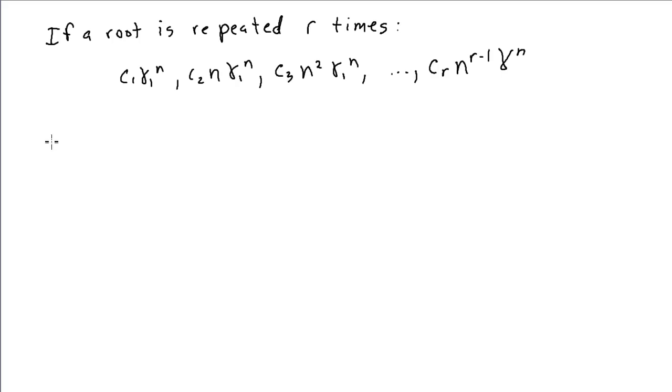The other case we have to consider is if a root is complex. Again, you can write the solution directly in form of a complex power, but we can simplify it using actually Euler's formula. But if a particular root is complex and we're dealing with a difference equation that has real coefficients, then if gamma is a solution, then the complex conjugate of gamma must also be a root.